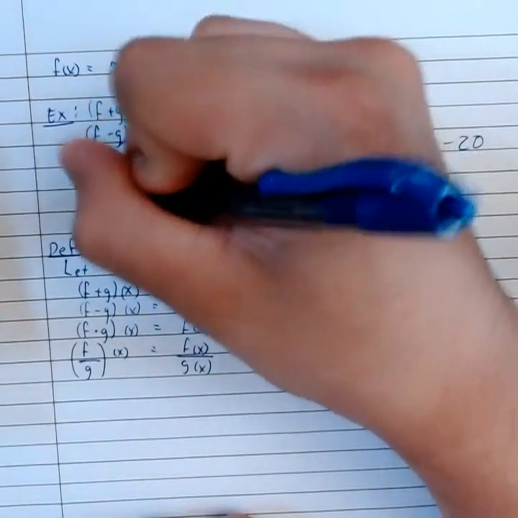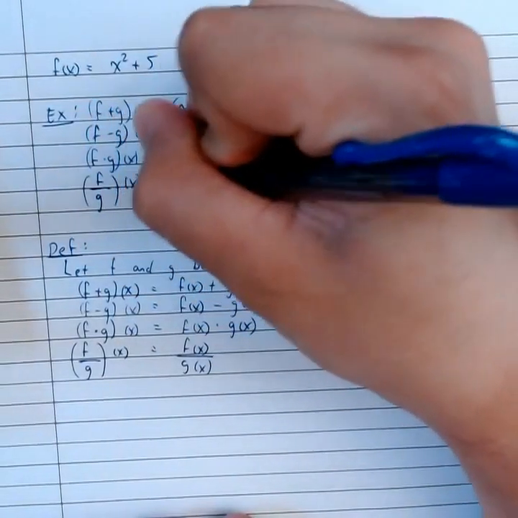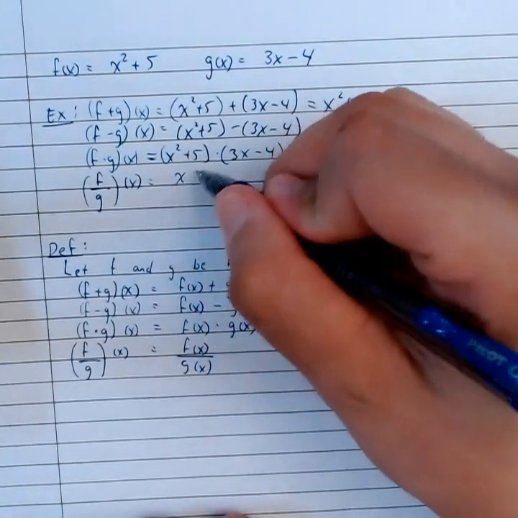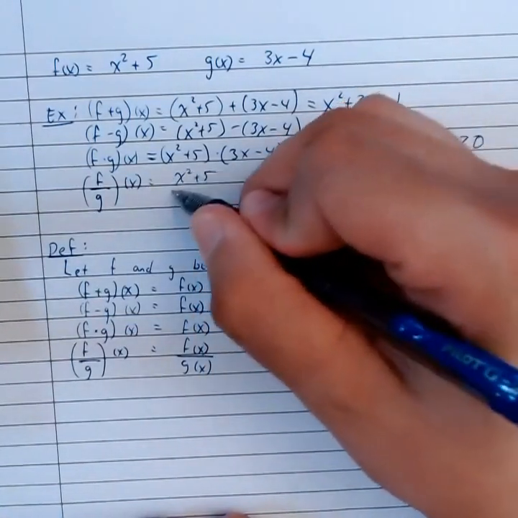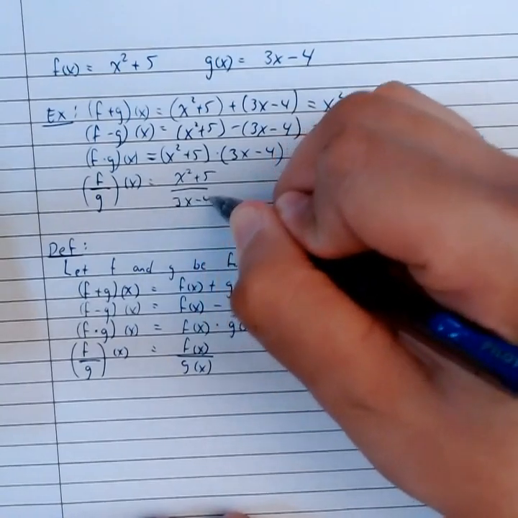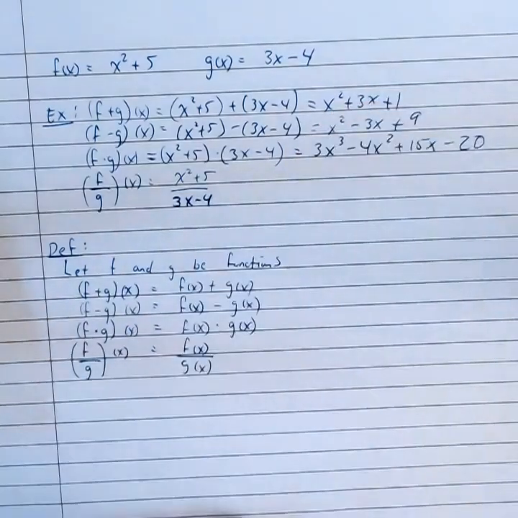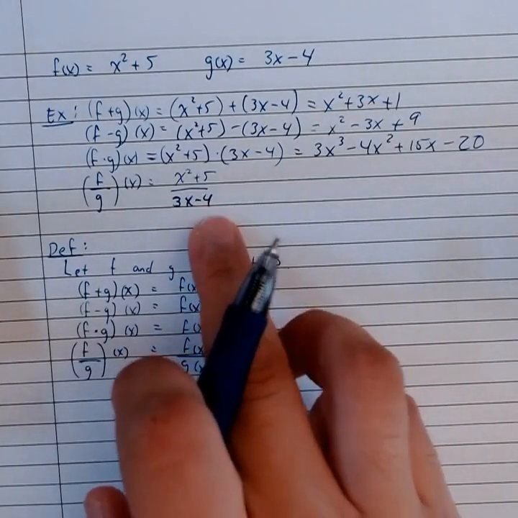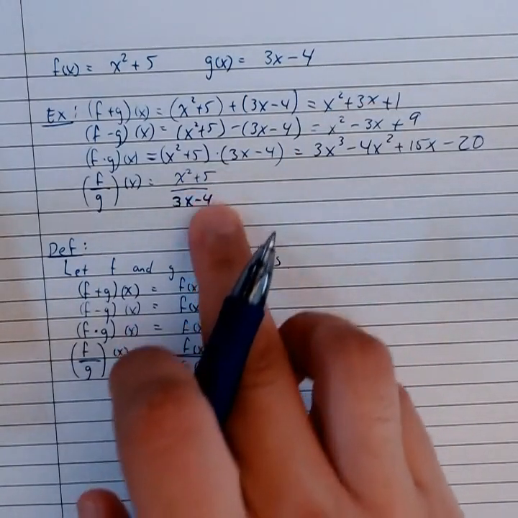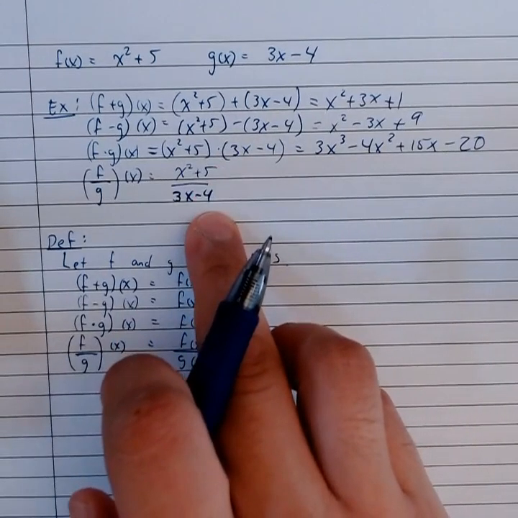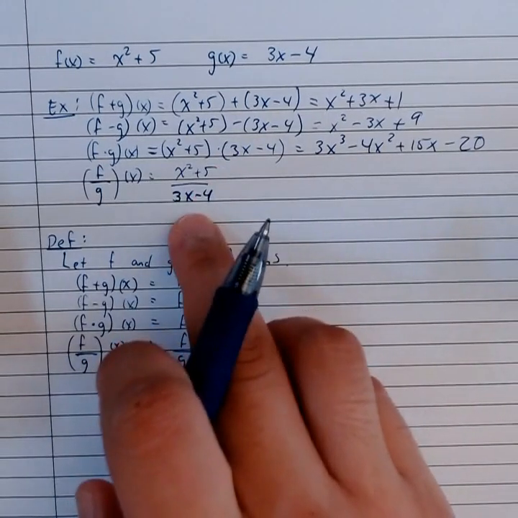And finally, we have f over g of x. And again, that's made by taking your f and dividing it by your g here. All right, and we can divide those out. Here, I'm going to leave that like that for right now. We actually can divide that out. However, it may be a while since you've seen long division of polynomials.